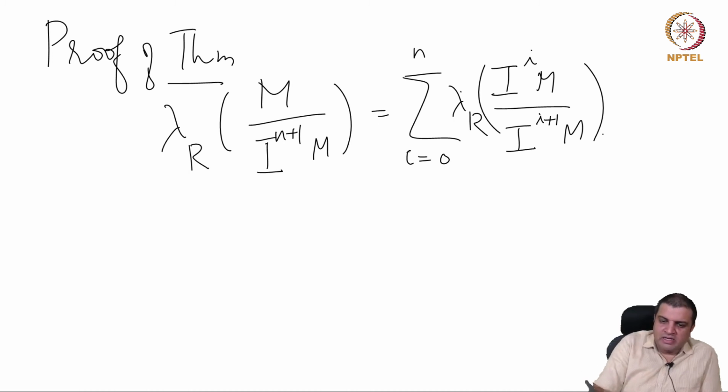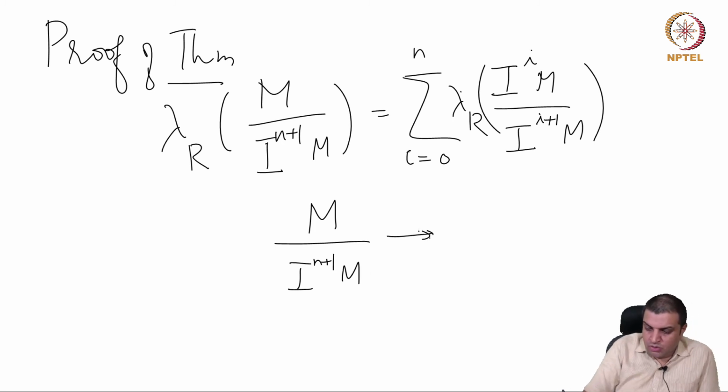Okay, that is because this can be proved by induction on n. So let's look at the last step in the induction. The last step would be M mod I^(n+1) M surjects onto M mod I^n M, so let's write it as a short exact sequence.